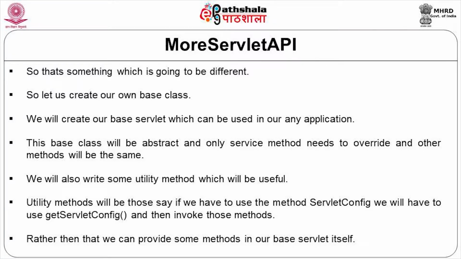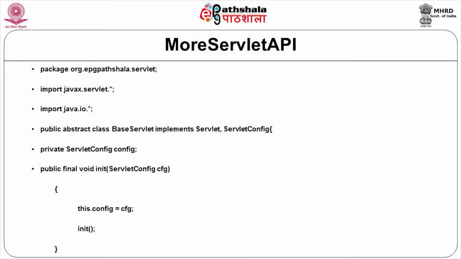So let us see how we can go about creating an implementation of a base servlet. Let us start with this implementation of a base servlet class. We can start with a similar package as what we did in the HelloServlet, so we start with the declaration of a package.